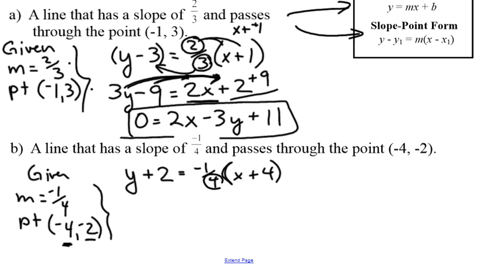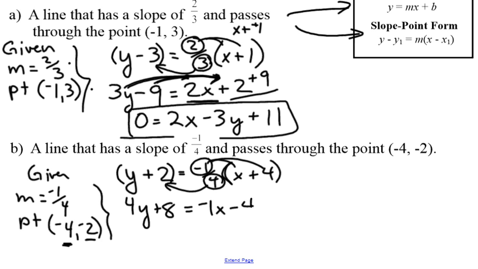So again, 4 distributes to both values, and the negative 1 distributes to both values. Now we want general form. x needs to go over to the left to become a positive 1x, or just x.